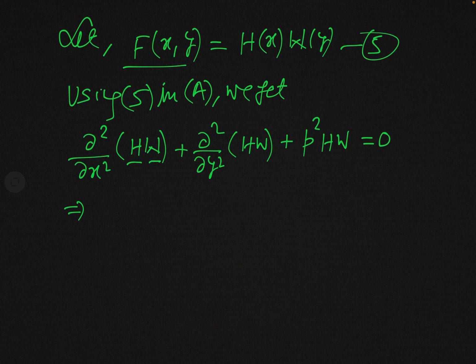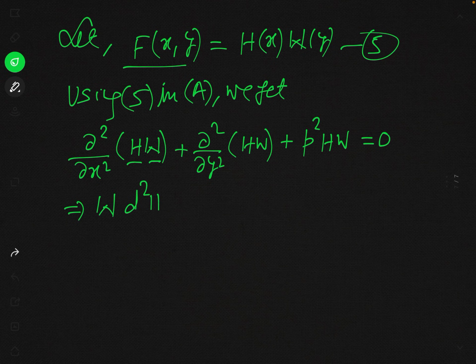Now you can see h is a function of x, so it will be differentiated, and w is a function of y, so it will be outside of the operator. Instead of del you may write d, because h is only a function of x, so there will be no difference between the partial derivative and the ordinary derivative.